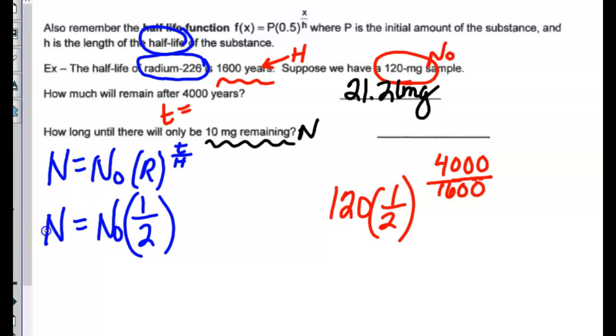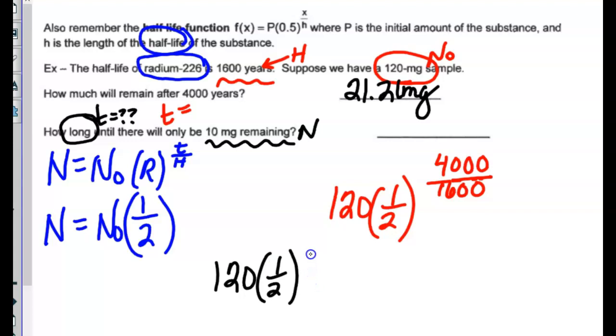We want there to be 10 left at the end. How long means we're looking for what? The time. So starting with 120, it is being halved, and we don't know how long, but it's being halved every 1,600, and we want it to be down to 10.